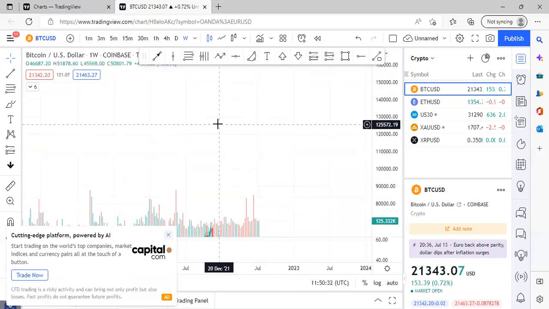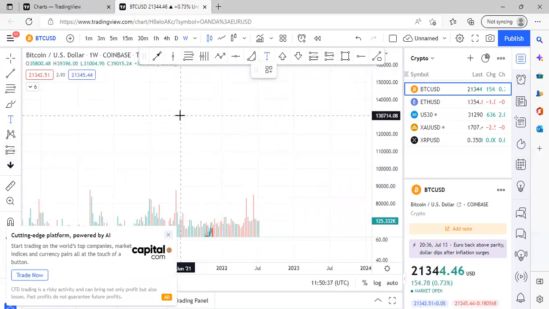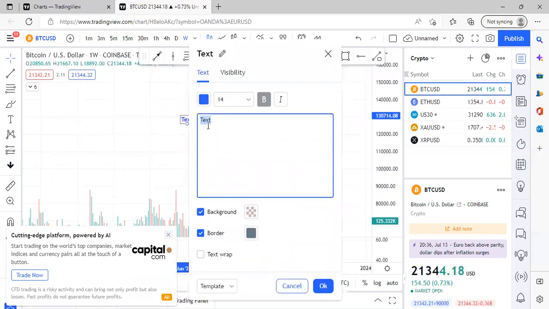Basically, the things we'll be looking at are your lot size, for you to know how to manage your risk in the market. We'll talk about your account balance.